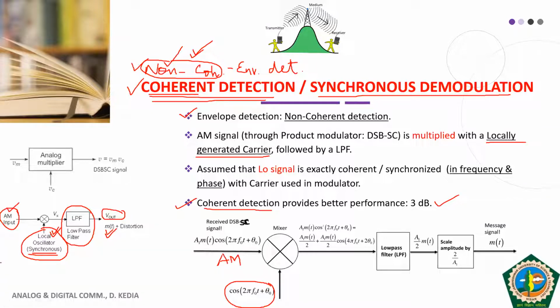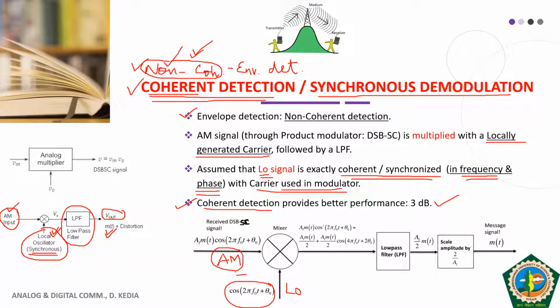As I mentioned in point number 3, it is assumed that the LO, the local oscillator signal or locally generated signal, is exactly coherent or synchronized. And how is it synchronized? Synchronized in terms of frequency and in terms of phase with the carrier used in the modulator. So this local oscillator signal must be synchronized with the carrier used in the AM part.